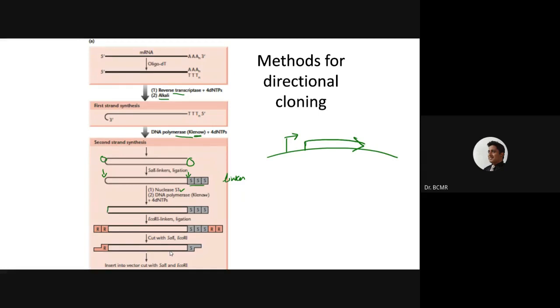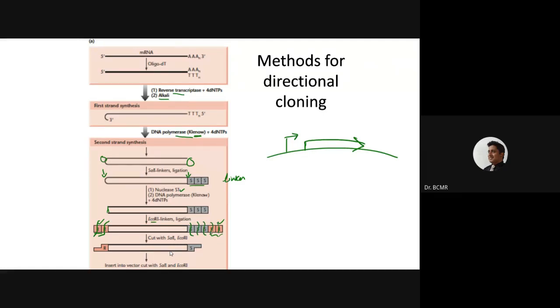And now you have a double-stranded blunt end here. And now you can add your EcoRI linkers, something like this, which will add here as well as here. It doesn't matter if it is added here or not, because once you cut with SalI, although there are multimers of linkers here, this one will be cut like this one also.